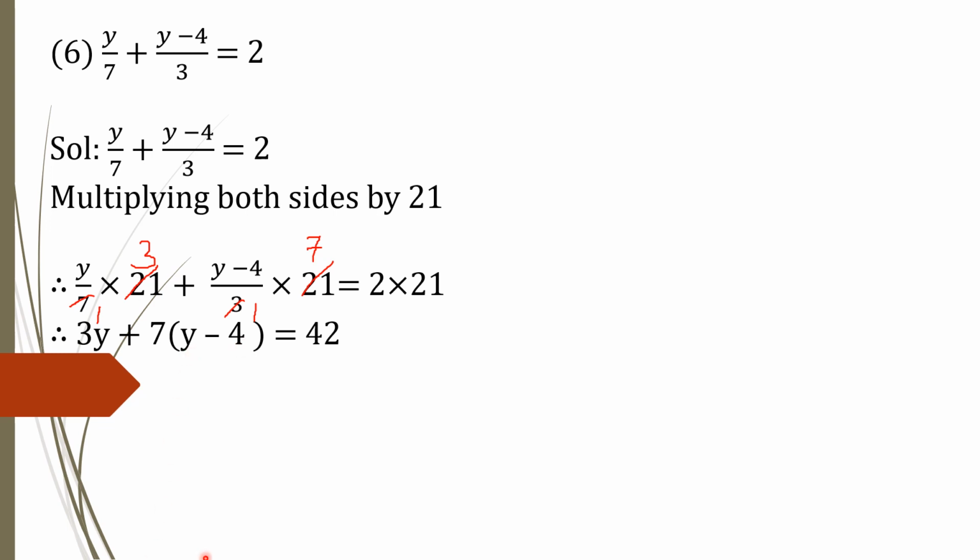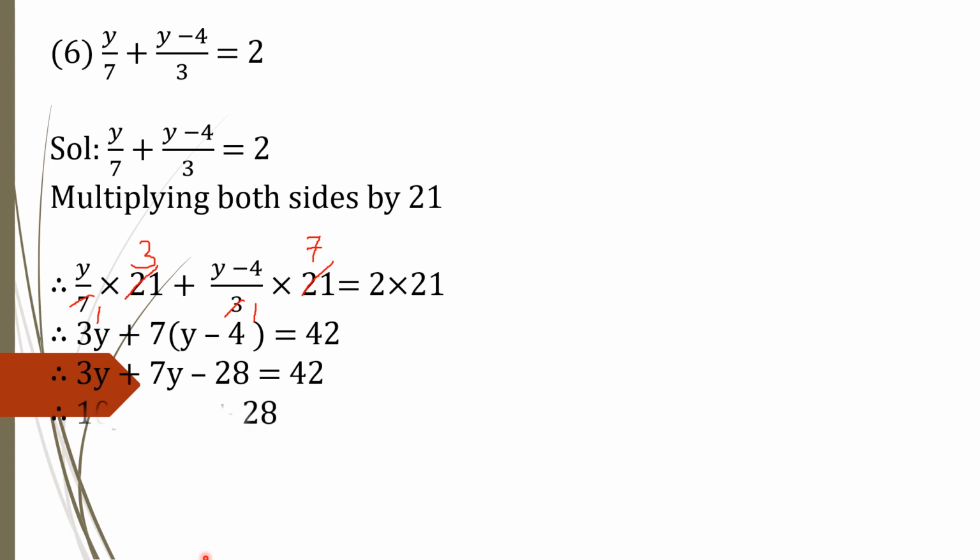So next step, therefore 3y plus 7 into y will give you 7y. Then 7 into minus 4 will give you minus 28 equal to 42. Now we'll add 3y plus 7y.